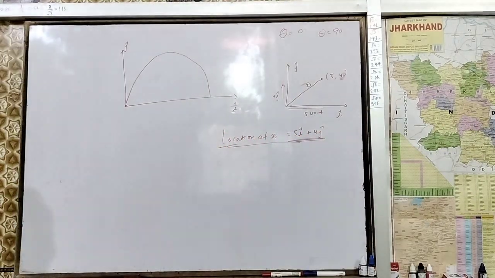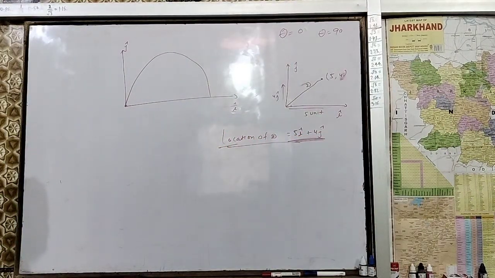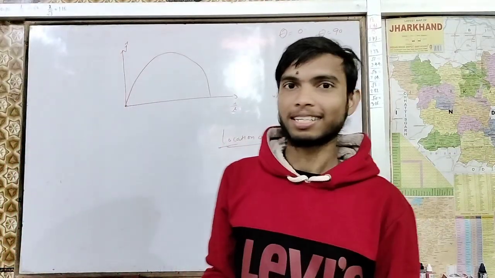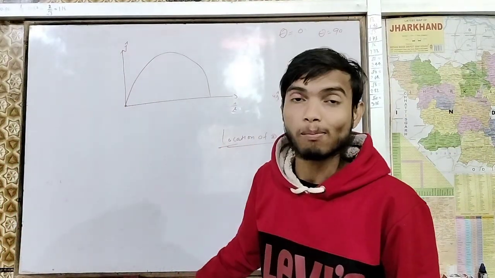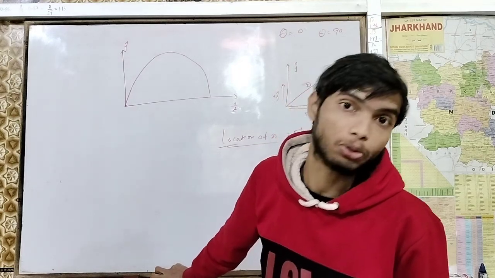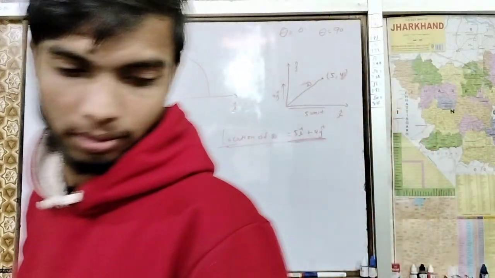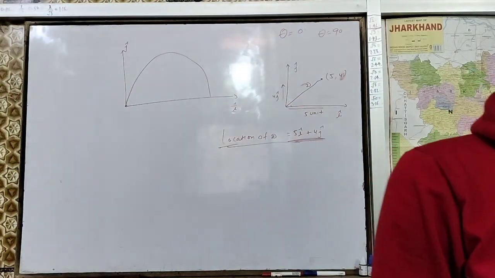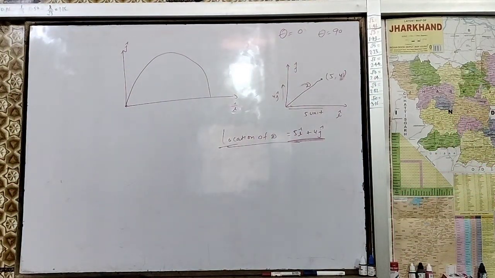Are you understanding? What is this? This is a curved line of motion of throwing a stone. Now, what if velocity is given?